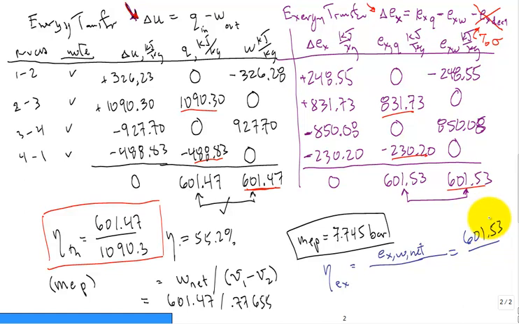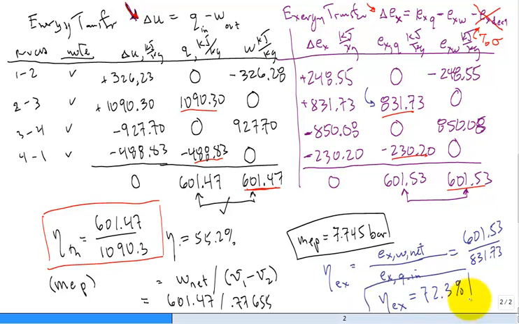Okay, but what did I have to pay for? How much Exergy did I bring in? I only brought it in heat transfer, in that process from 2 to 3. EX, the Q in, is 831.73, and so we can get an exergetic efficiency of 72.3%.